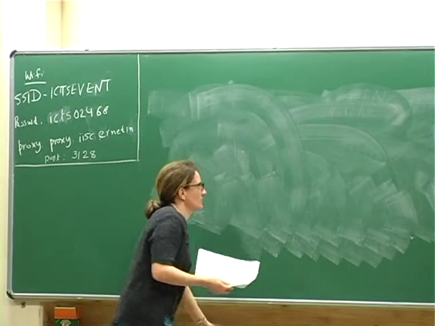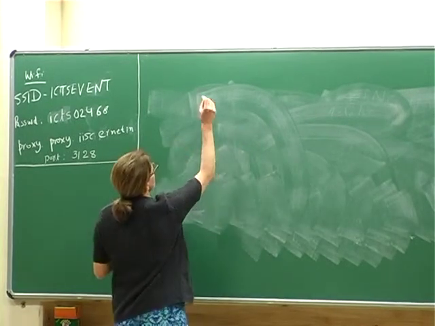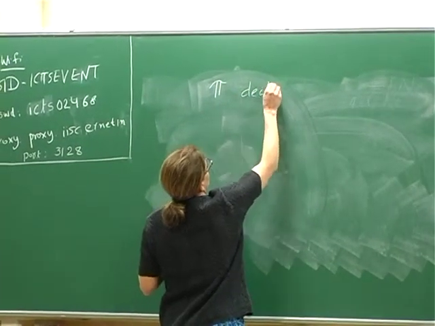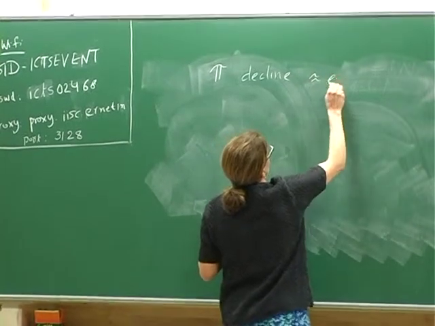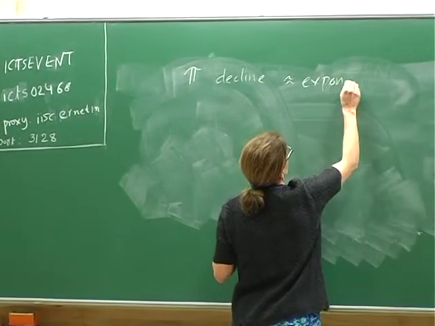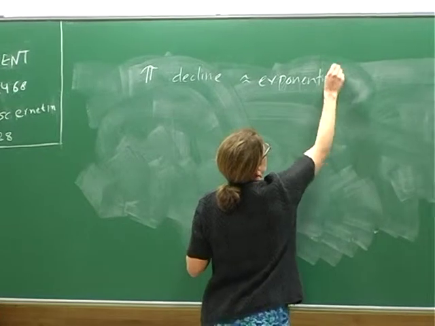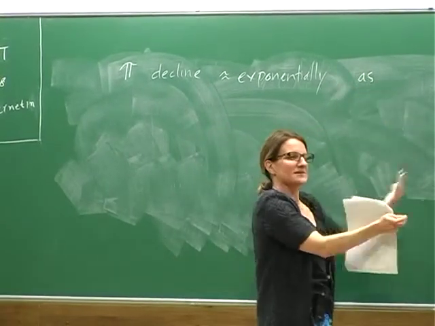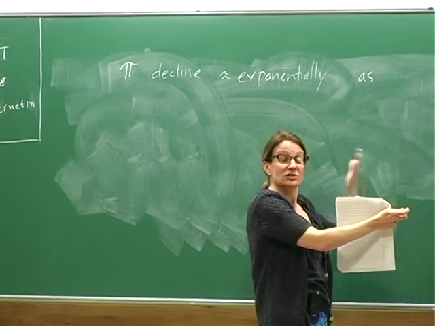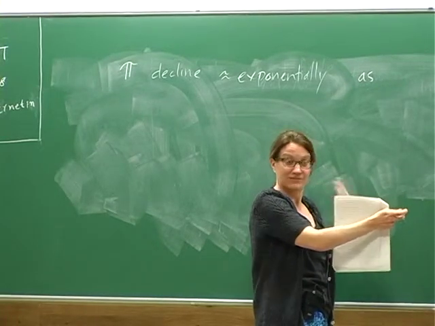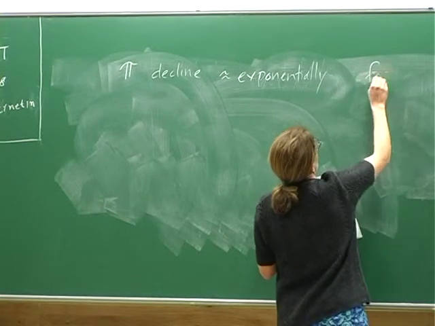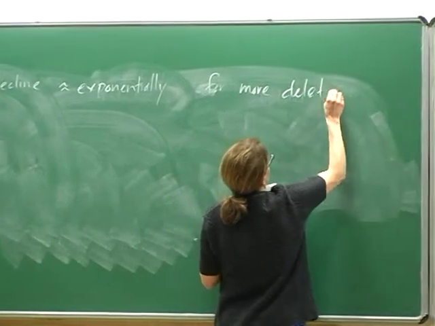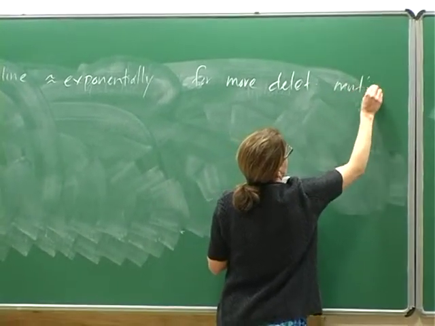If you just do the math, you will see that the probability of fixation is going to decline close to exponentially as the magnitude of s gets bigger, but s is negative, so for more deleterious mutations.